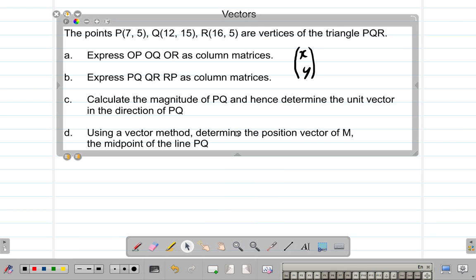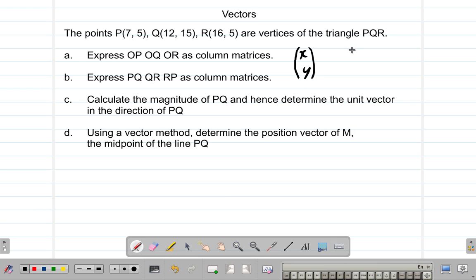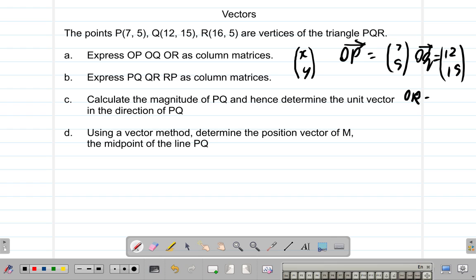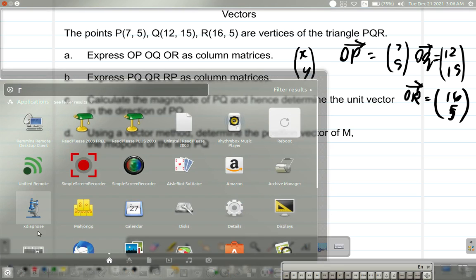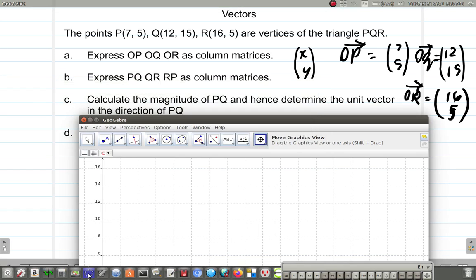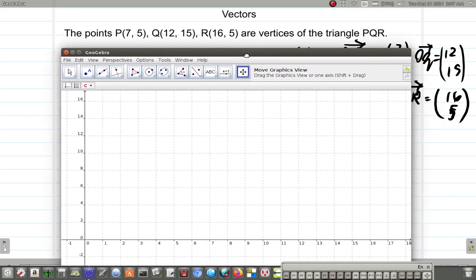We wouldn't really need our graph plotter yet, but we know that OP is really 7, 5 like this. OQ would be at 12, 15. And OR would be 16, 5. But let's look back at our graph because we want a visual representation of what our graph is.